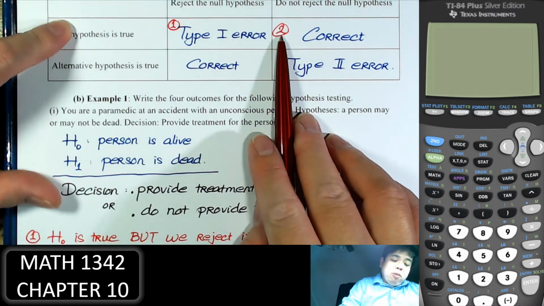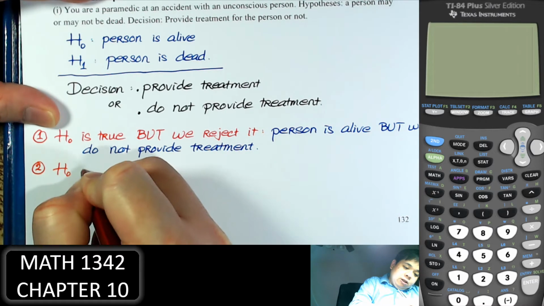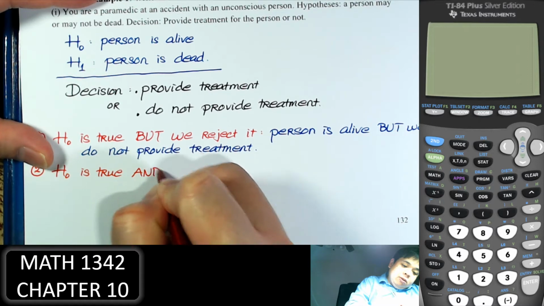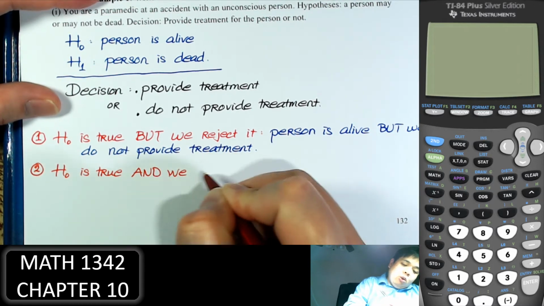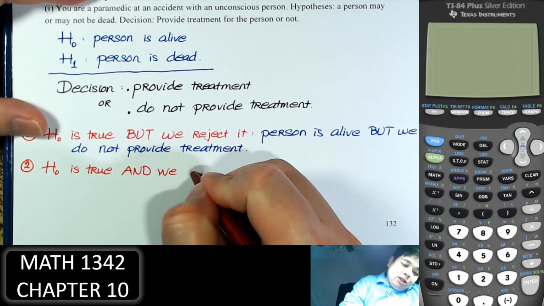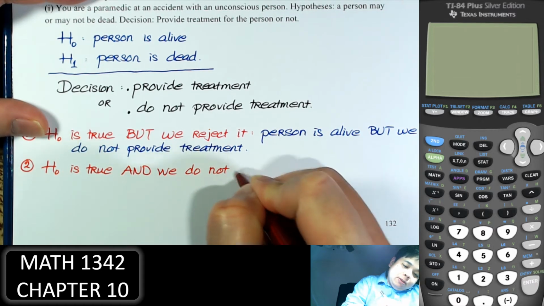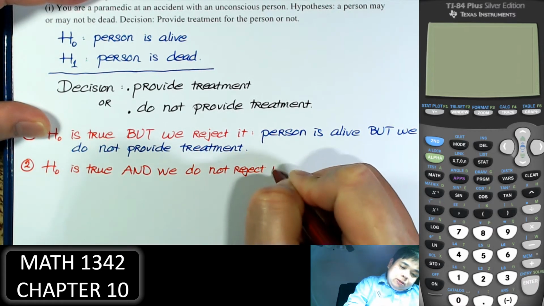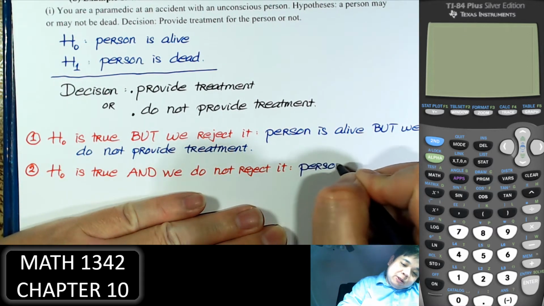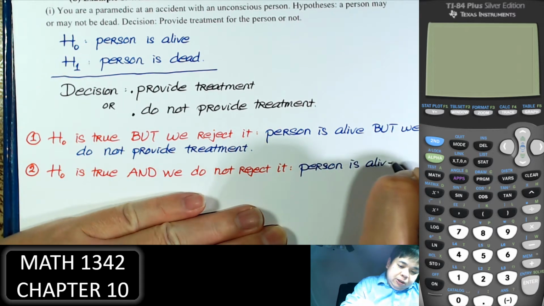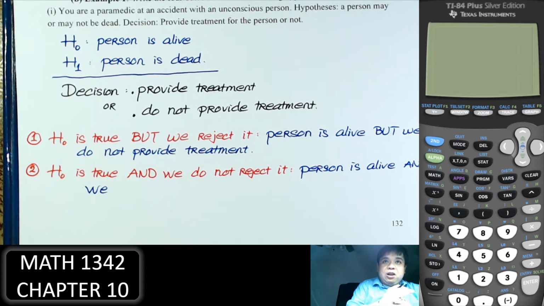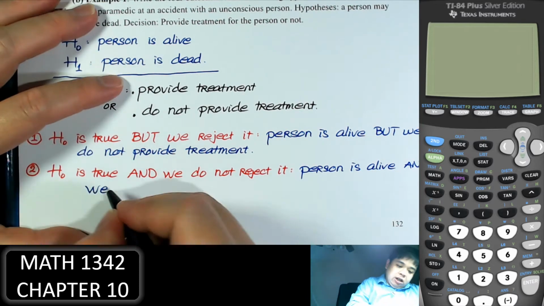This case is the null hypothesis is true, and we do not reject it, or we accept it, but we just say we do not reject instead of accept. I mean the person is alive, and we do not reject the fact that the person is alive. That means we'll provide the treatment.